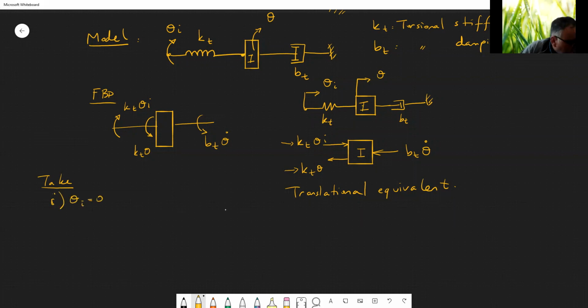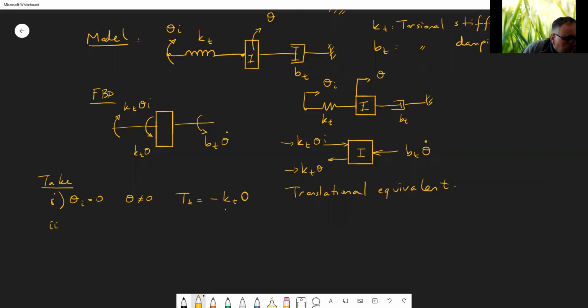If theta I is 0 and theta is not 0, in that case the torque Tk, or Tkt if you like, would be minus Kt times theta.